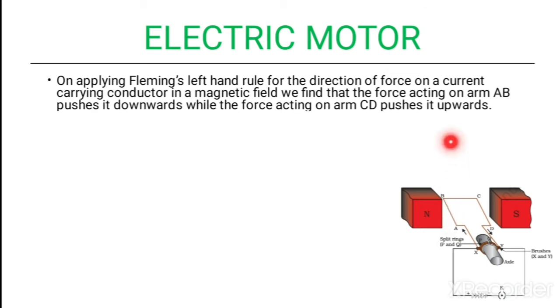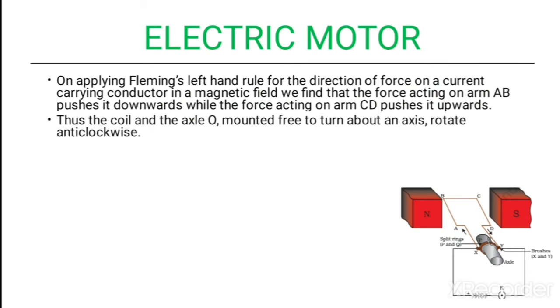On applying Fleming's left hand rule, we find that the force acting on AB pushes it downward, and CD will be pushed upwards. Thus the coil and the axle O, mounted free to turn about an axis, rotate anti-clockwise, because the force on AB is downward and on CD is upward.